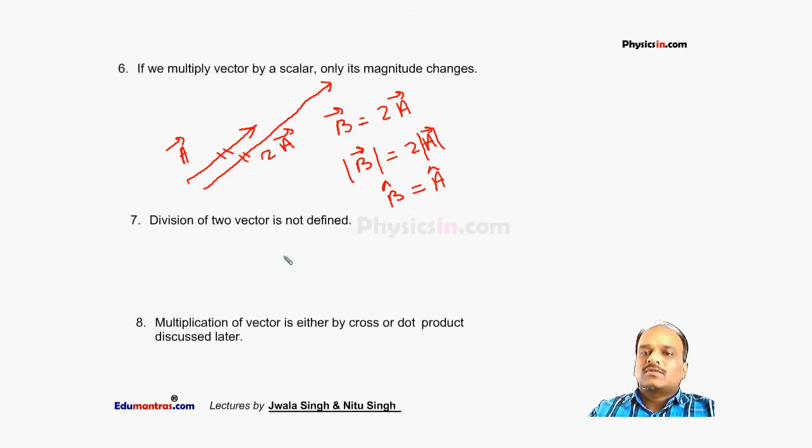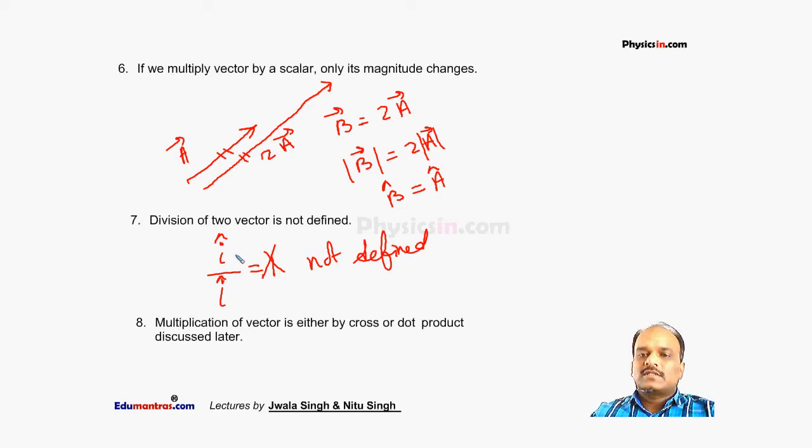Division of two vectors is not defined. If I say what is I cap by I cap, usually you can say it is 1, but this is wrong answer. It is not defined, because division of direction is not defined. So a vector is made up of magnitude and direction. If we divide two vectors, means we are going to divide the two directions, which is not defined.